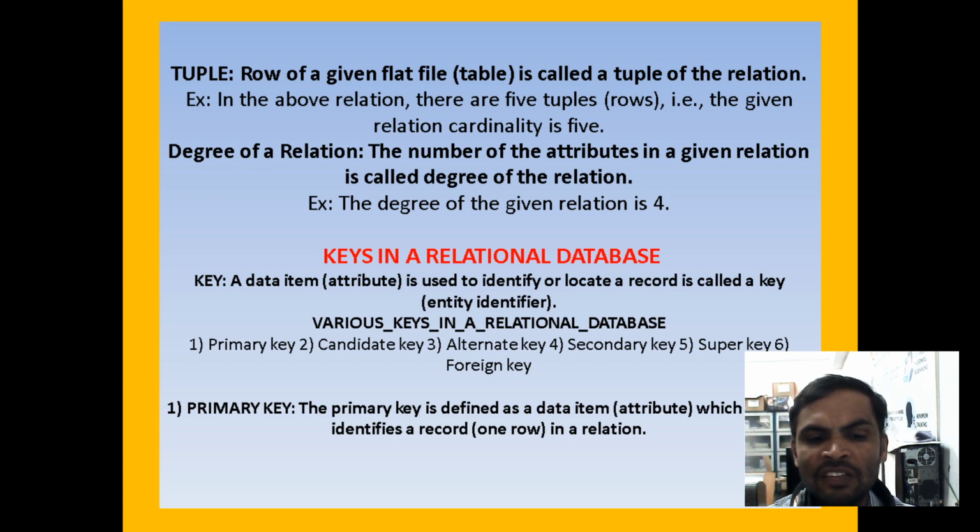A primary key is a data item of the attribute which uniquely identifies the record.